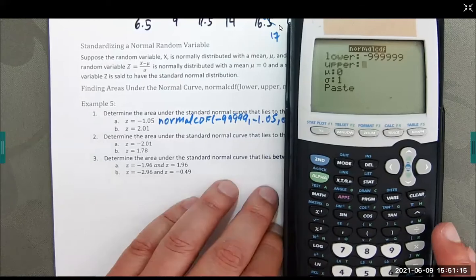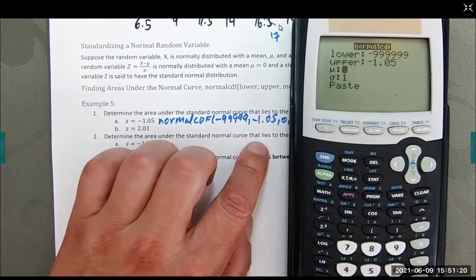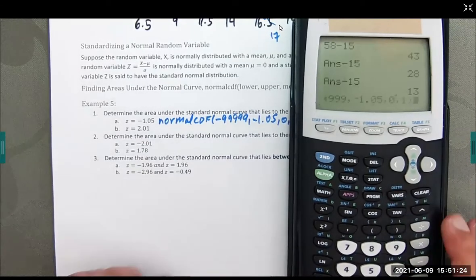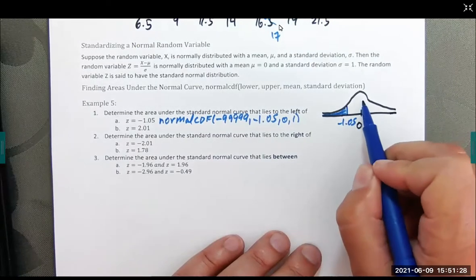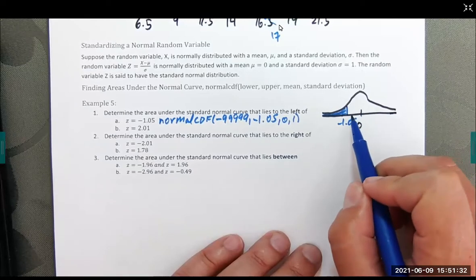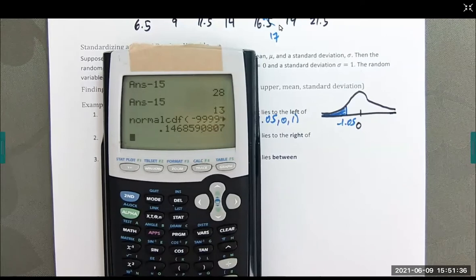The upper boundary is negative 1.05. And the mean and standard deviation are here. Now, I'm going to notice this is most right down the middle. That's going to be 0.5, meaning 50% of the area is to the left. So this is going to be a lot less than 0.5, I'm guessing.